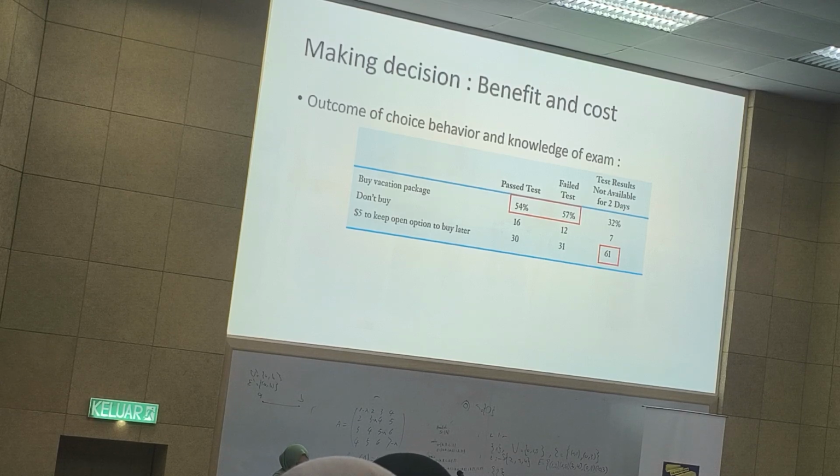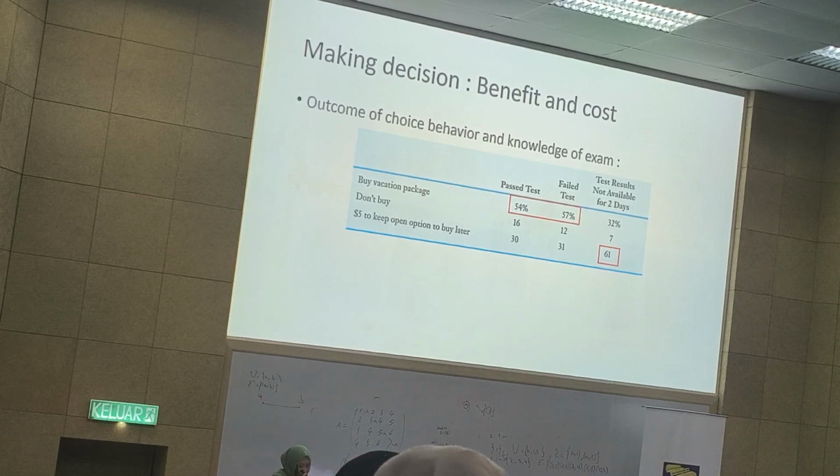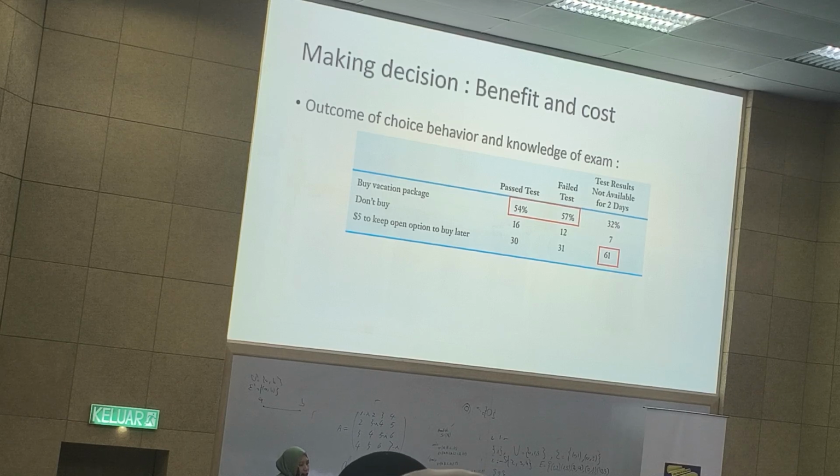So if you look over here, when you were asked to make a choice for this behavior, finishing the exam, doesn't matter whether you pass or you fail, which one of these choices will you make? A lot of the time, people will go for something that will not be the best scenario. It's not the cheapest, but it's the most beneficial for them. So this is what this part of the lecture is trying to show.